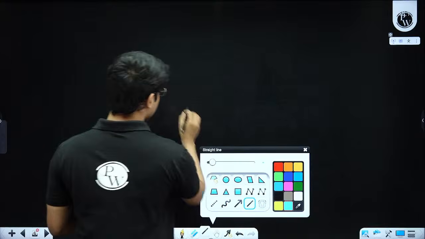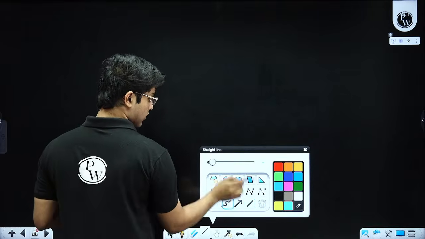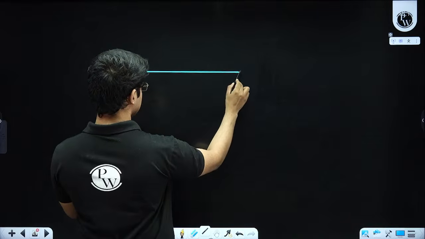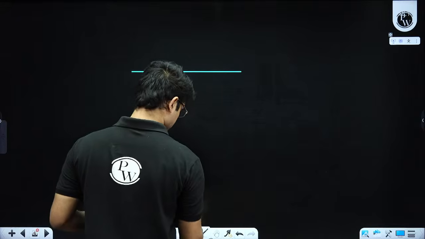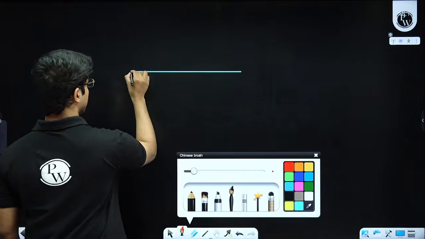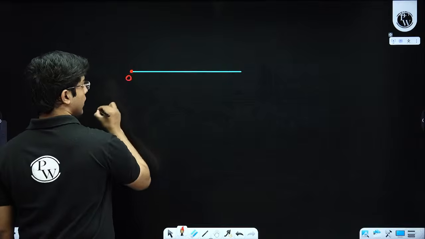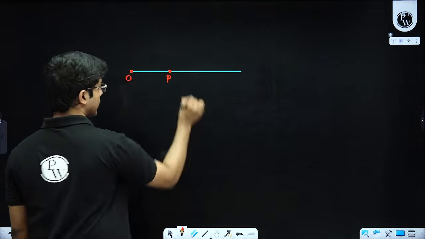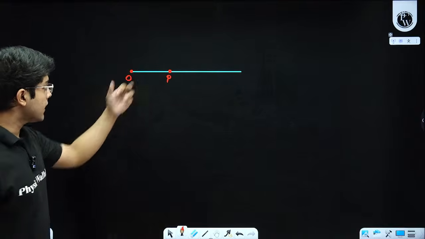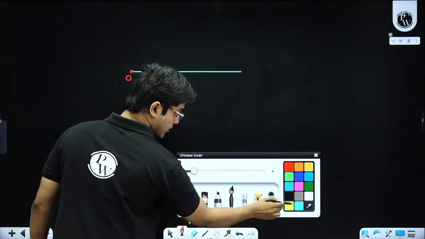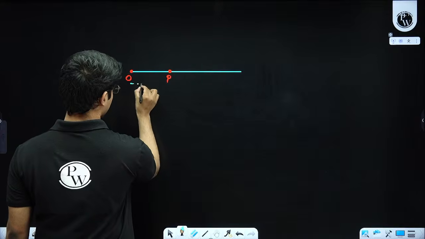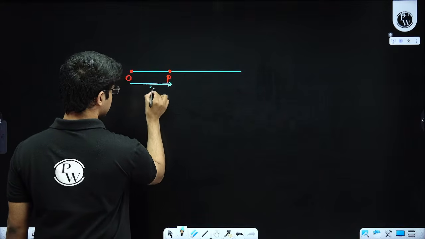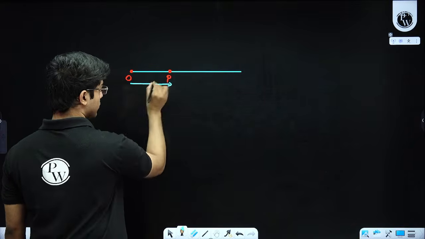Now in this chapter, as I discussed, we will mainly cover 1D motion. So if this is the x-axis and this is the origin, and we have any particle on this x-axis, if I know the x coordinate of this particle, which means what is this distance OP, I can write down the position vector.